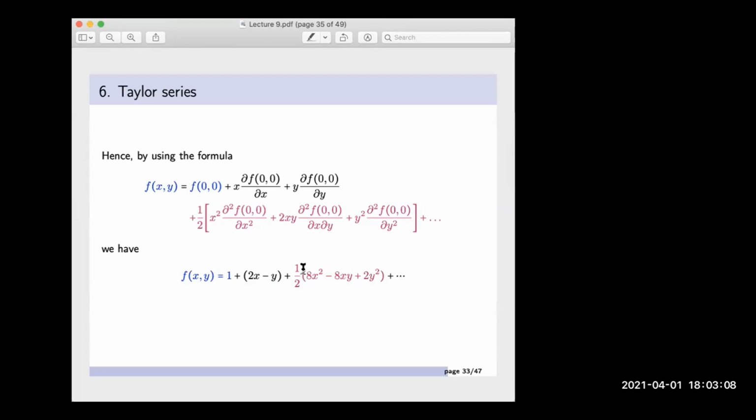And this is the way you compute the Taylor series. Just substitute these partial derivatives into the formula. It seems a little complicated, but the calculations are straightforward.